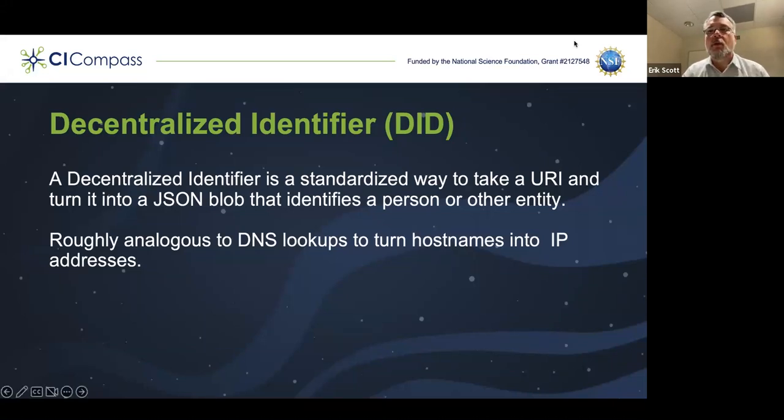So what is a decentralized identifier, right? If it's so important, we better talk about what it is. It is a way to specify a globally unique identity. Think, if you're a programmer, and especially if you had to deal with Windows, if you've ever had to use a GUID, globally unique identifier, a 128-bit number generated in a way that every one of those will be unique in the world.